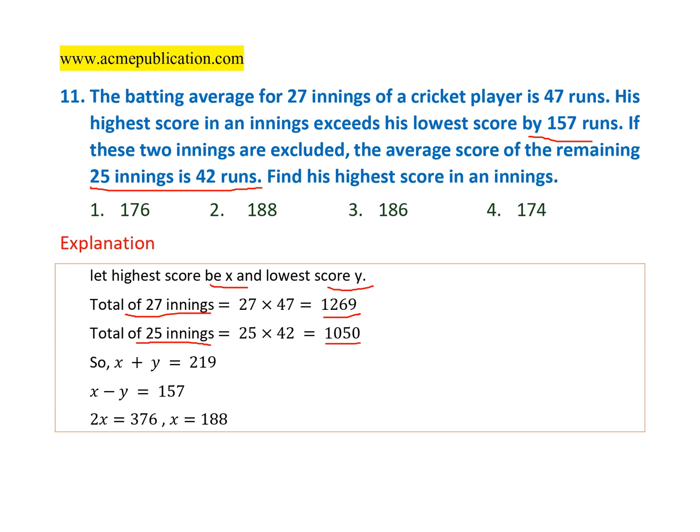Now the difference in the 27 innings and 25 innings is 219, which is equal to X plus Y. From the question we know that X minus Y is equal to 157. By solving these two equations, we get the value of X, which is 188. So the highest score is 188.